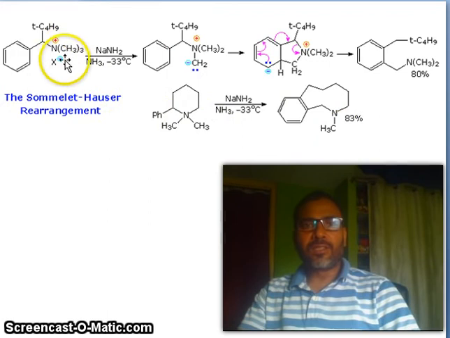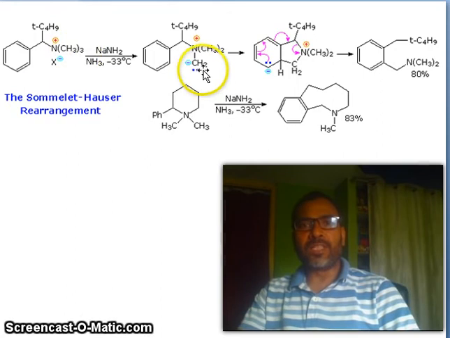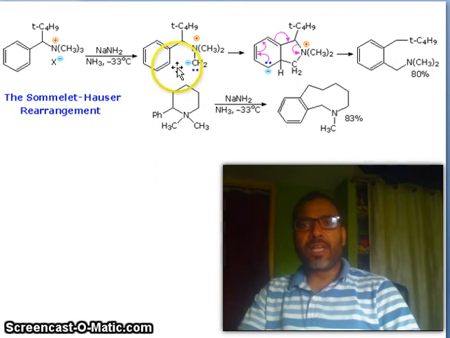Again you see another example. What happened here? This one methyl group becomes CH2 negative, and then it attacks here forming such a cyclic product, and upon opening it will give this, and upon closing you see this product.